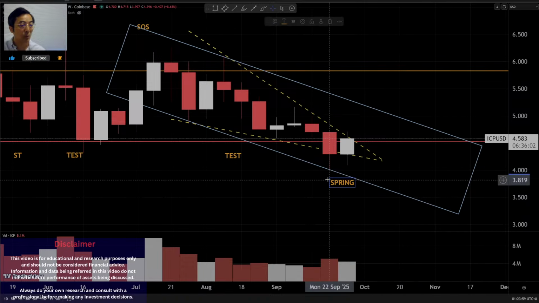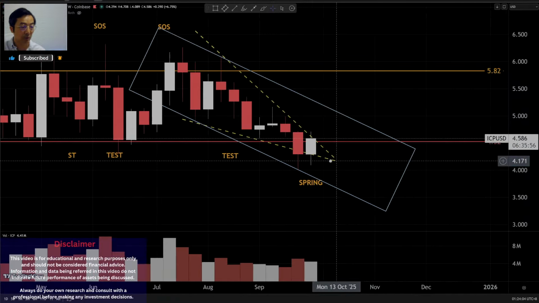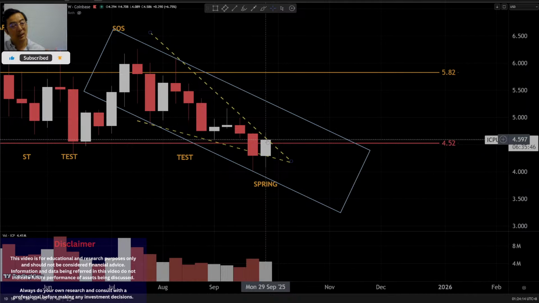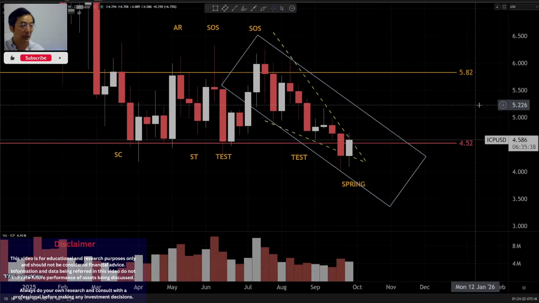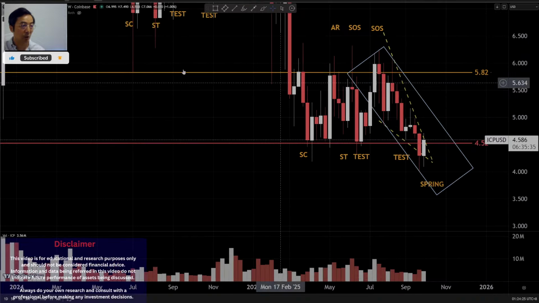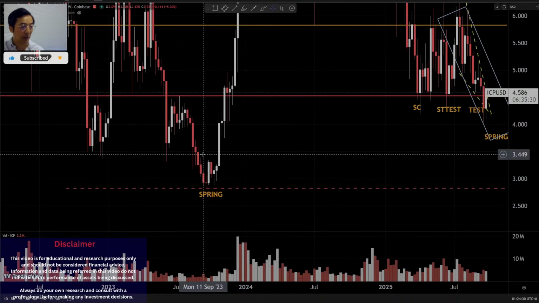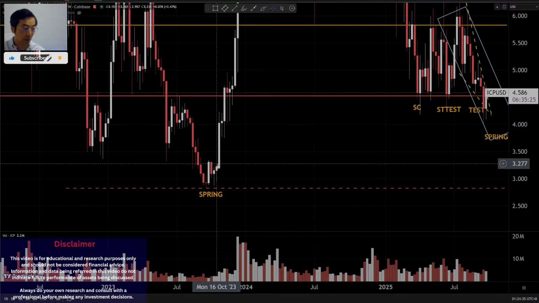But then this week's recovery that goes above the red key level of $4.52, be careful that it's a fake move. If you get in, that's fine, as long as you have your stop loss set, because of what happened back in the last accumulation, not the one in 2024 up here, but the one here back in 2023, around September or October time, a similar time period.